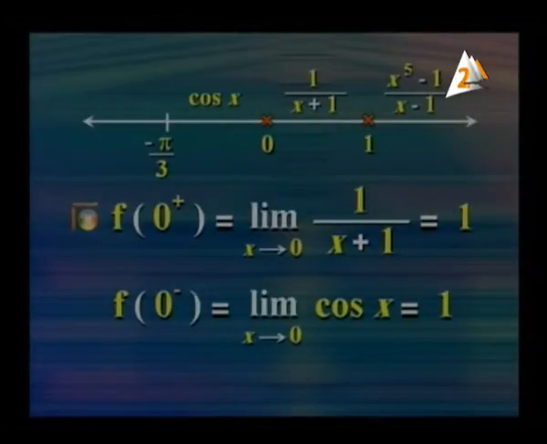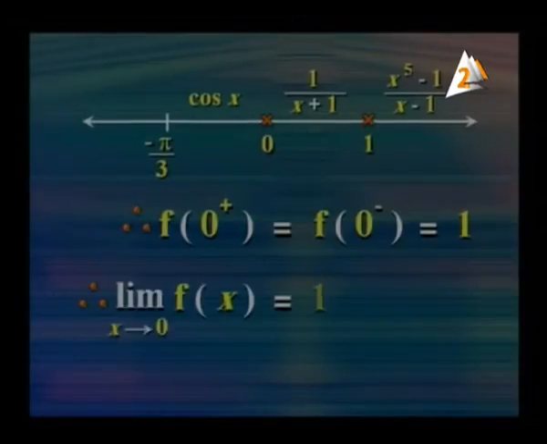Equals 1. What do you deduce, dear student? Yes, f of 0 positive equals f of 0 negative equals 1. Then limit x tends to 0 of f of x equals 1.